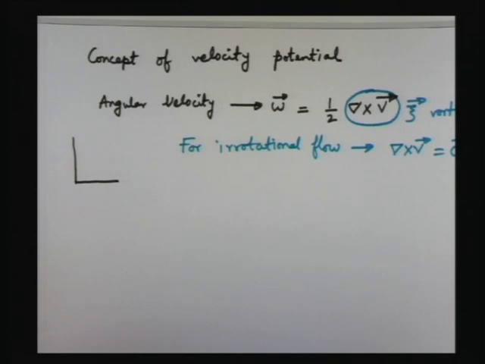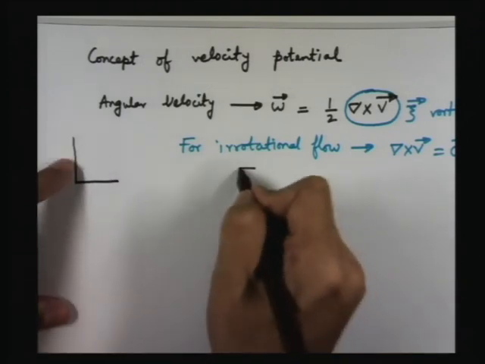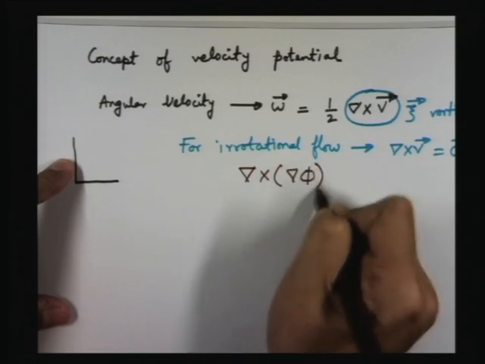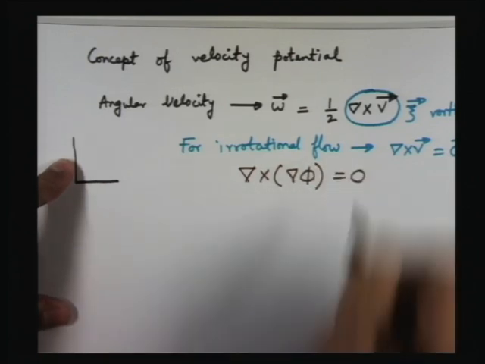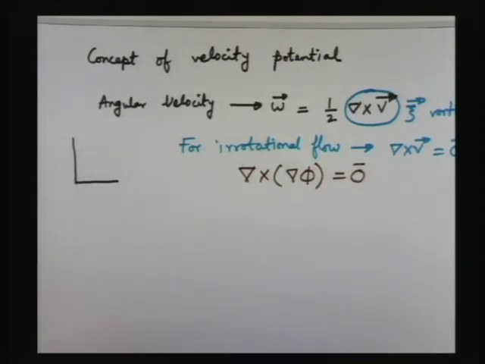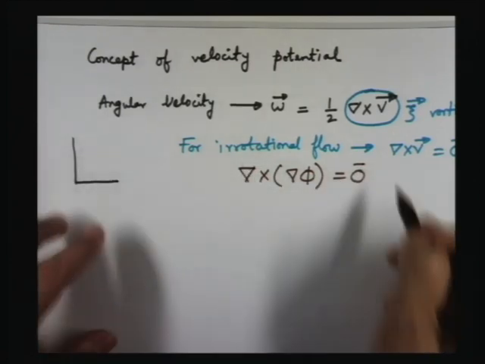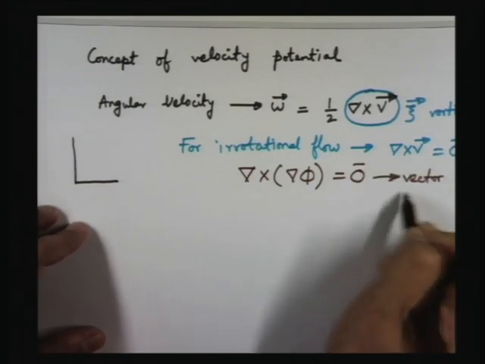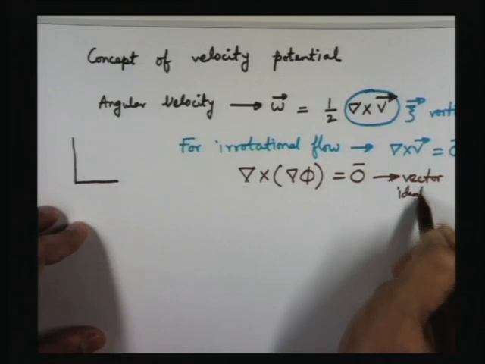Now there is a very well known vector identity that curl of gradient of a scalar function is a null vector. This is a vector identity derived in the context of vector calculus.